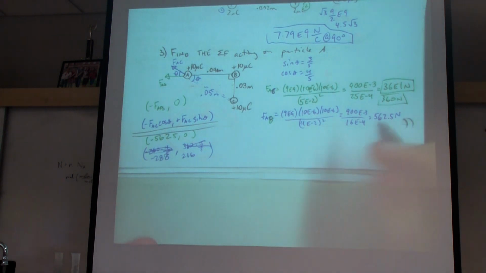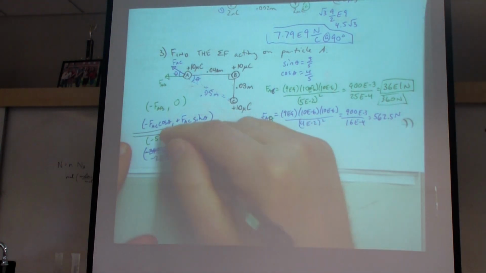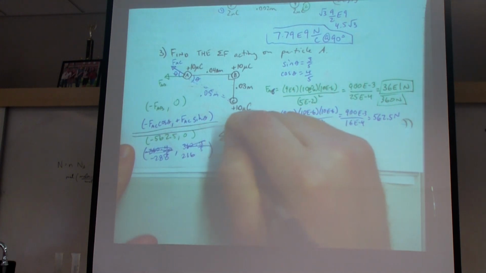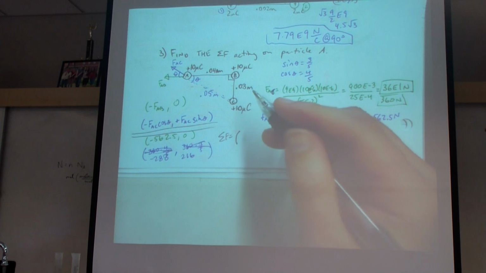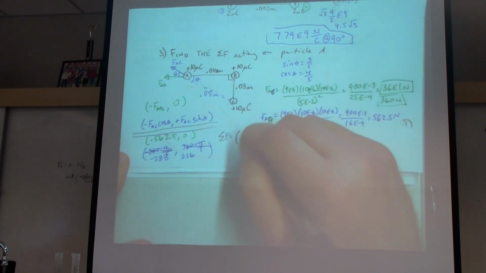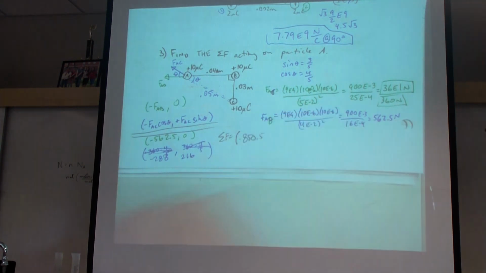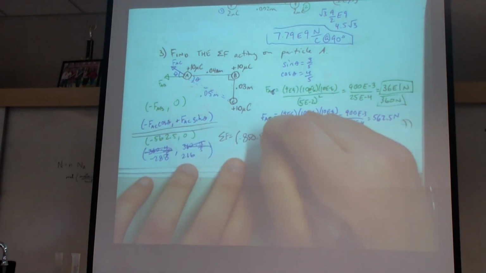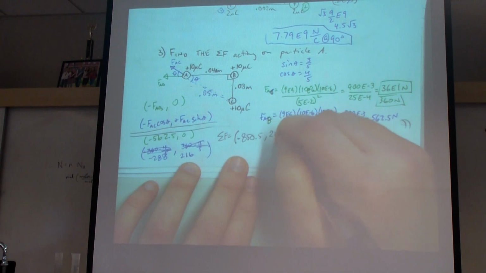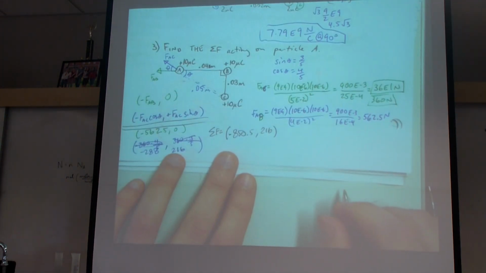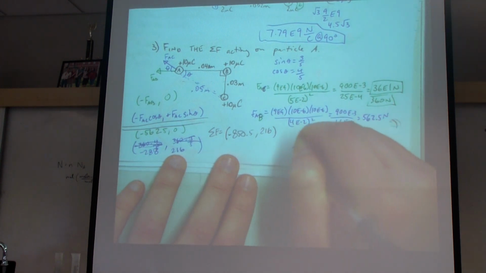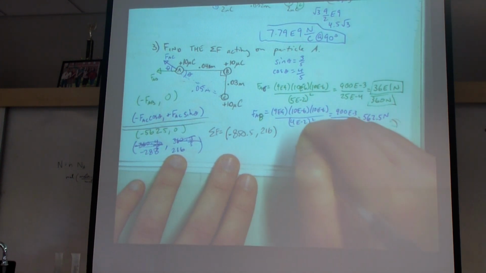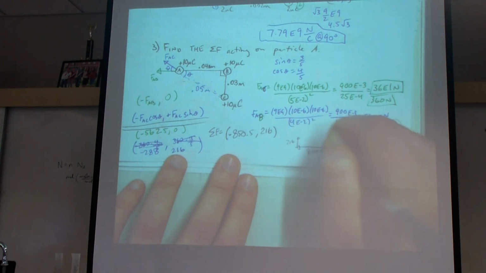Okay, now I'm going to add them all together. So the components of my net force are 850.5. Really? Negative 850.5, comma 216. If I were to graph this, negative 850.5 that way, 216 up.